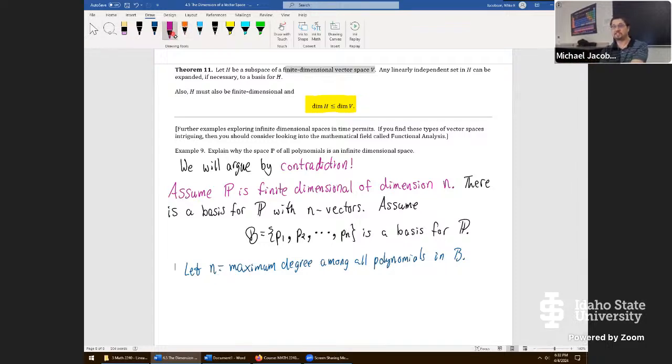We're about to build a contradiction, so let's go back to red. If there's a maximum degree polynomial, then we can always exceed that. Let Q(t) be equal to t to the power of n plus 1. This is of higher degree than every single thing inside here. And the special thing about polynomials is if you span polynomials, the degree never increases.